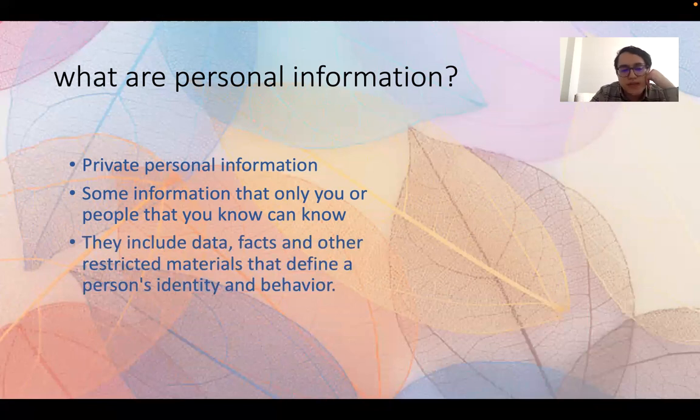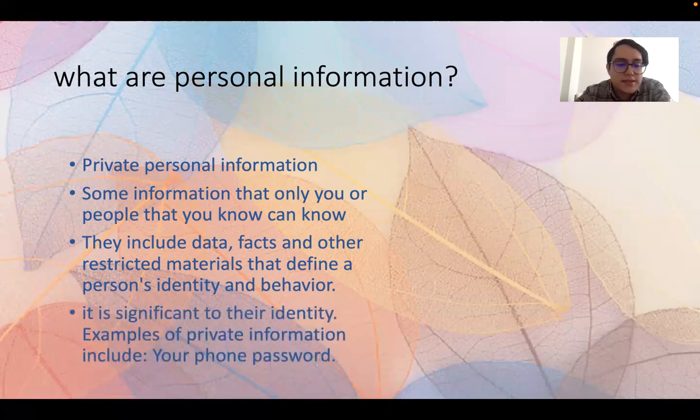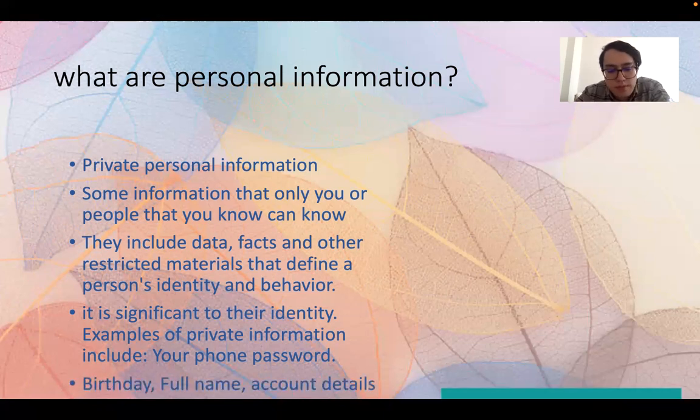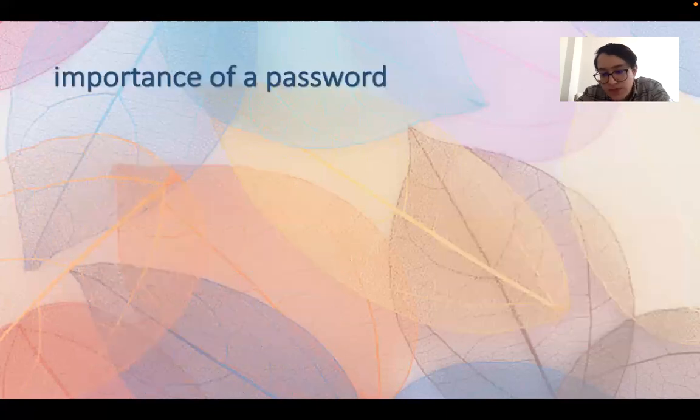They include data, facts, and other restricted materials that define a person's identity and behavior. It is significant to their identity. Examples of private information include your phone password, birthday, full name, account details, and so on.